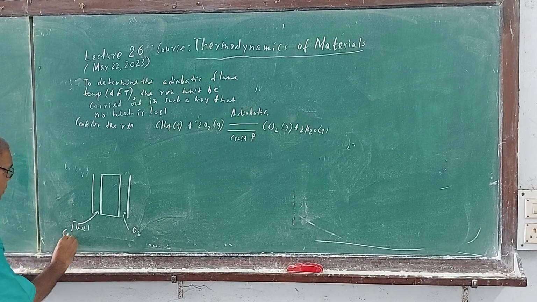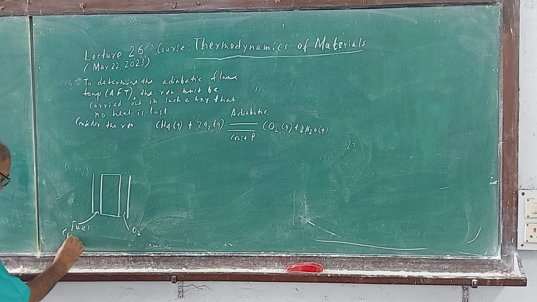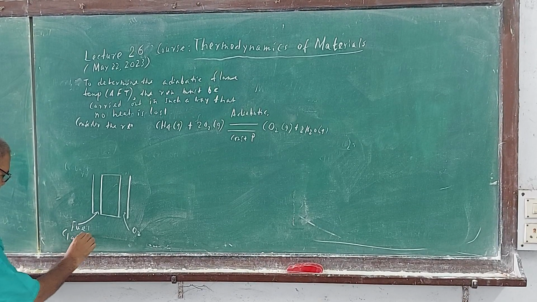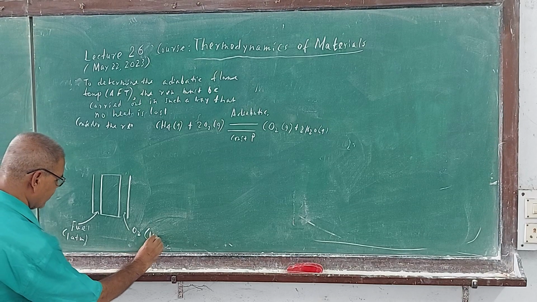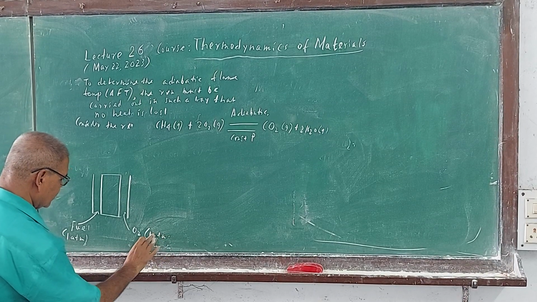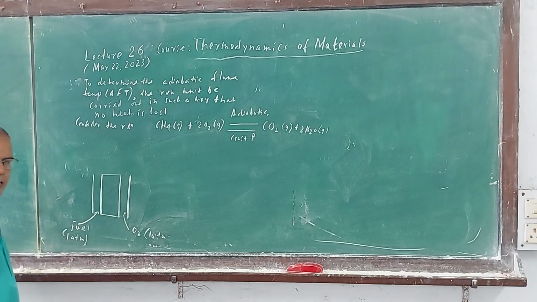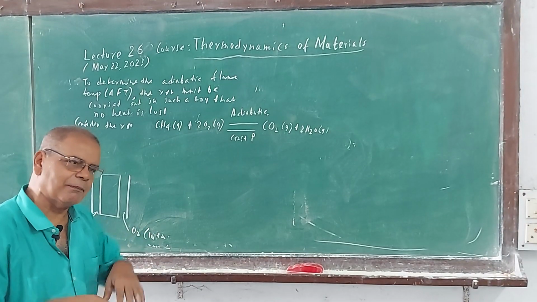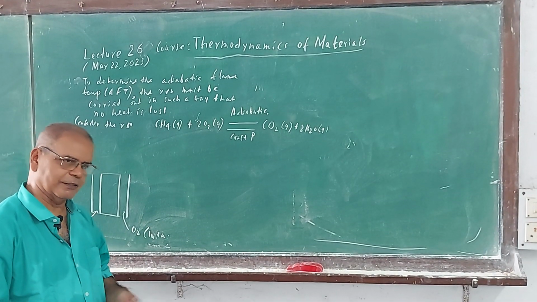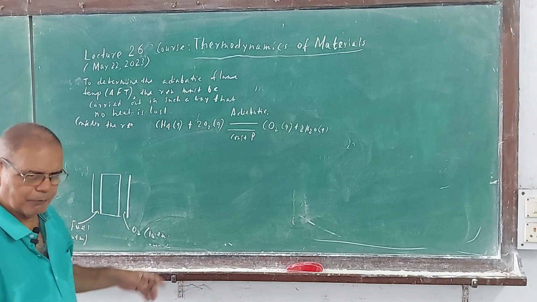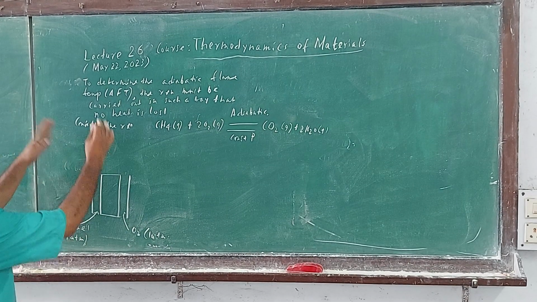It is 1 atmosphere. I am entering the oxygen also at 1 atmosphere. Both mix up here at 1 atmosphere; they do not become 2 atmospheres. When you mix, this is constant pressure.